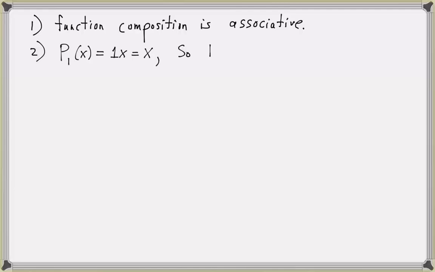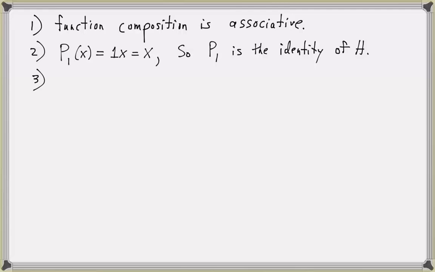So p sub 1 is the identity of H. And thirdly, we need to show that each permutation in H has an inverse.